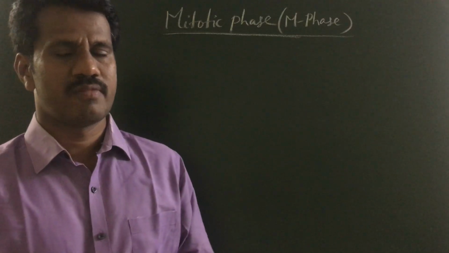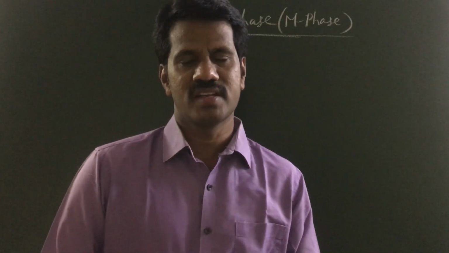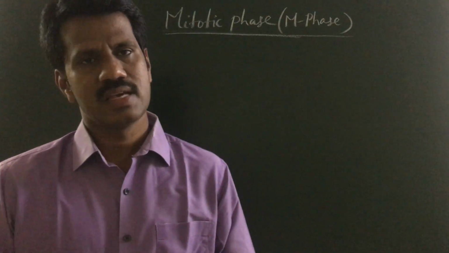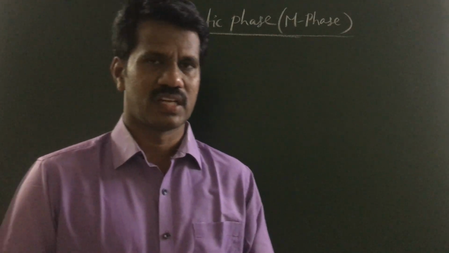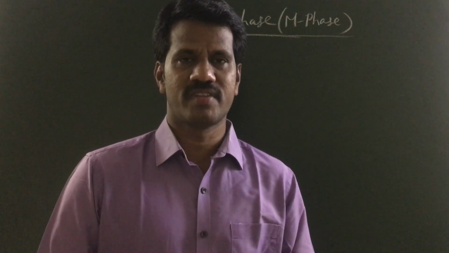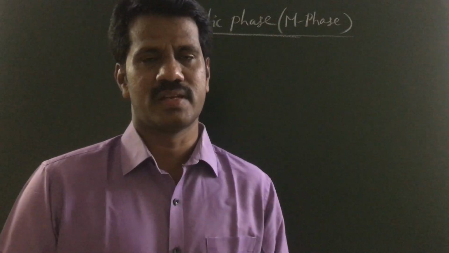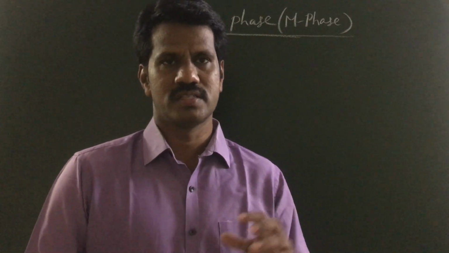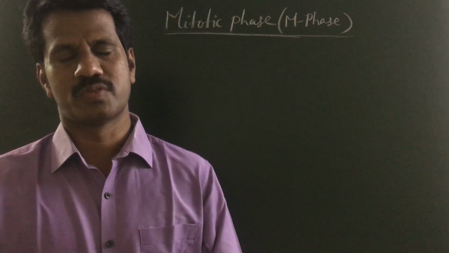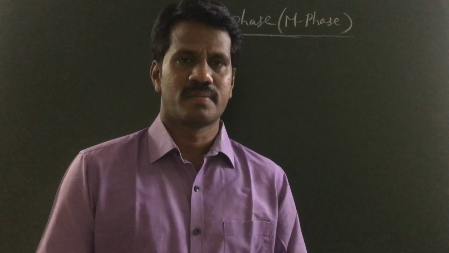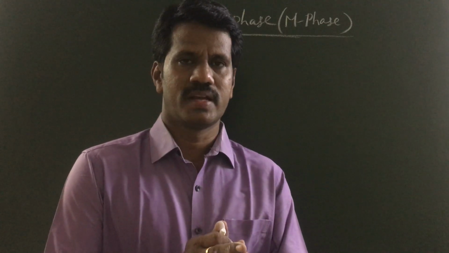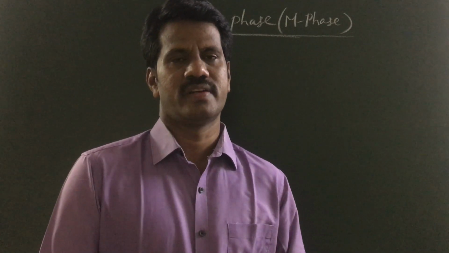So we have to discuss the mitotic phase, that is nothing but the M phase. What happens in the M phase? Karyokinesis, that means the splitting of the genetic material, that is the chromosomes will split, and the genetic material, whatever is duplicated, will be shared in different cells.